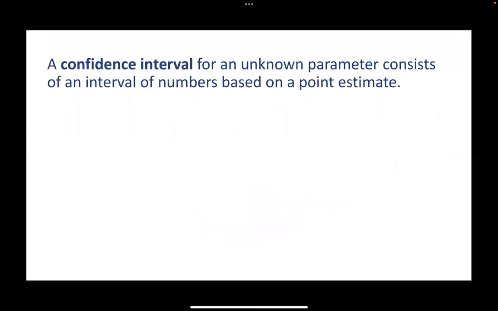So a confidence interval. Based on our point estimate, we find a confidence interval. We're trying to estimate where the true percent of people, or the true proportion of people that have a certain characteristic, is. So we use the point estimate and we use the confidence interval because we don't know where the actual population value is.